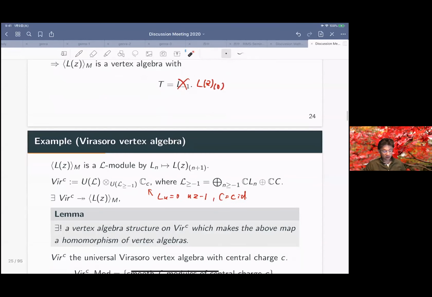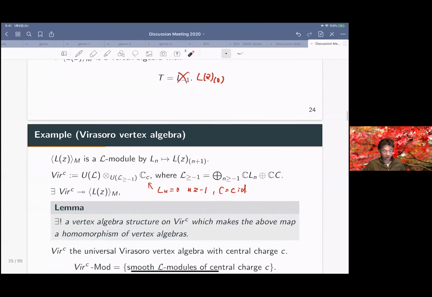And there is a unique vertex algebra structure on this induced module which makes this map a homomorphism of vertex algebras.